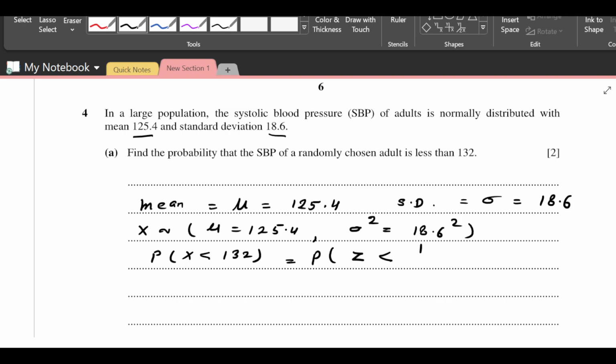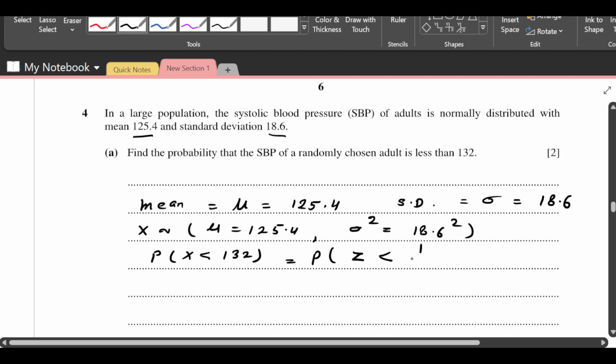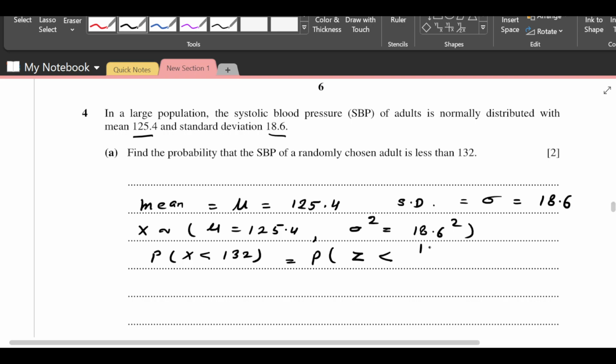Probability of z less than 132 minus 125.4. Now here you may ask me a question, why are we not applying the continuity correction over here?